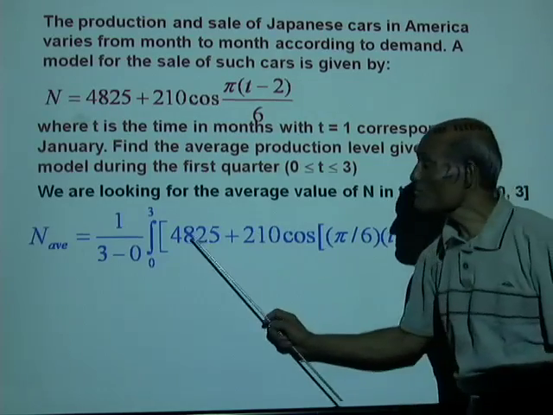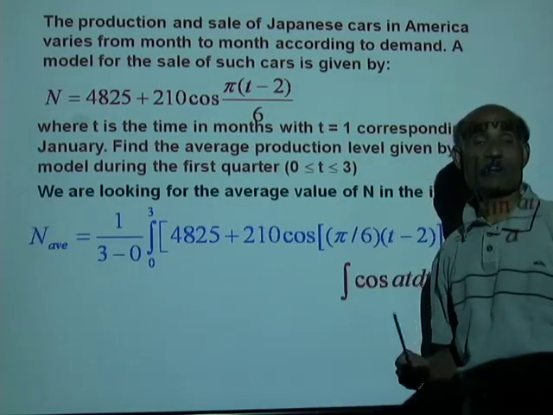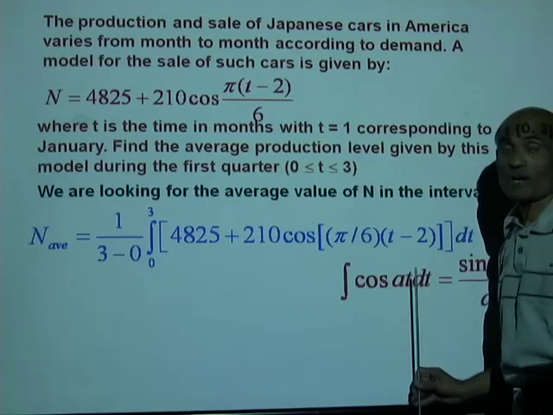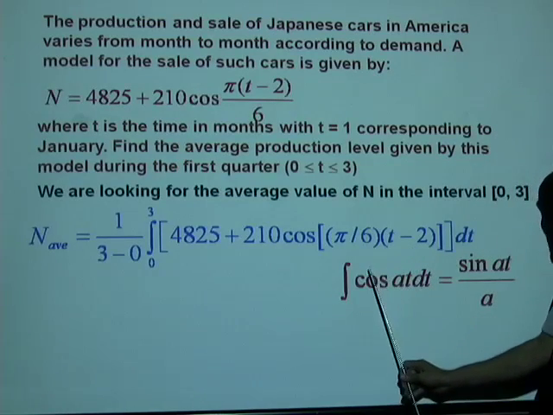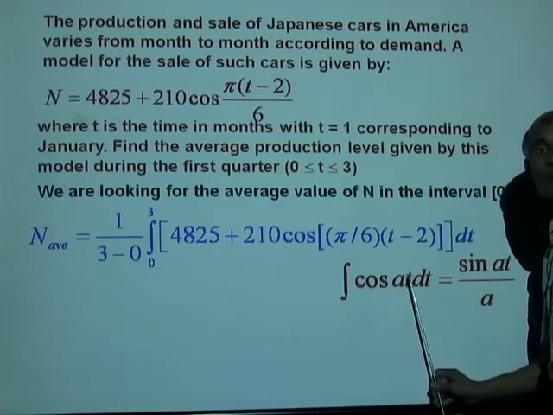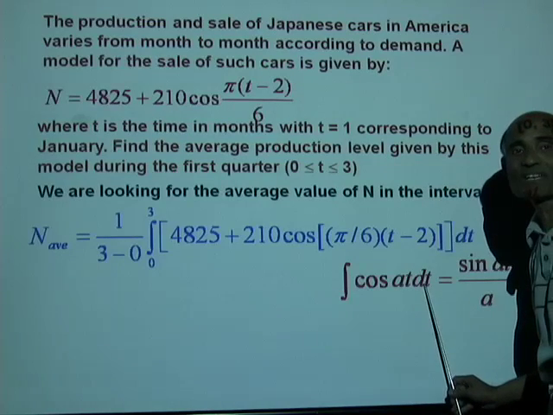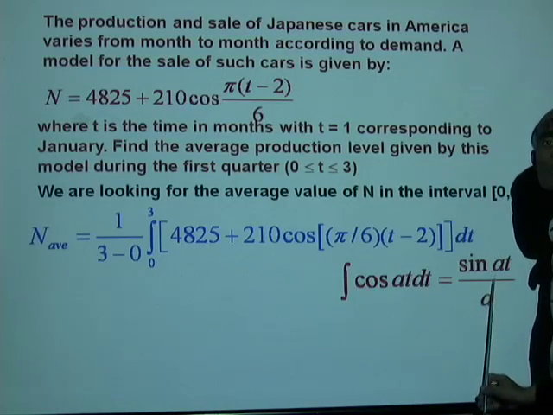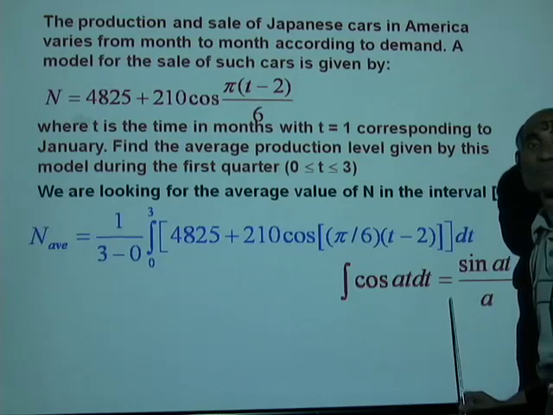Now, that means we need to integrate each of these terms. Now, I just gave you this: the integral of cos at dt is sine of at divided by a.